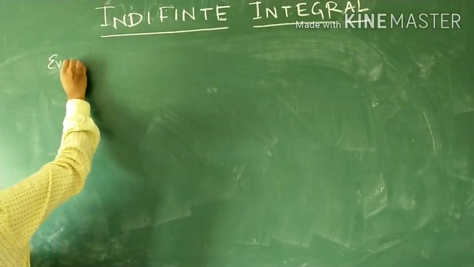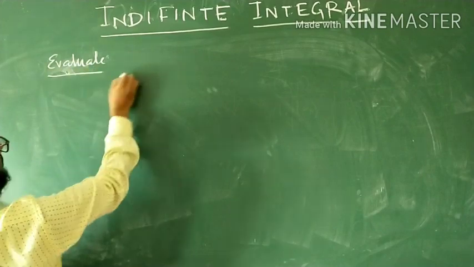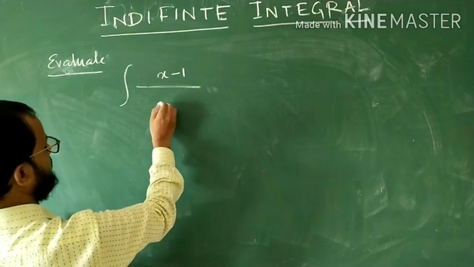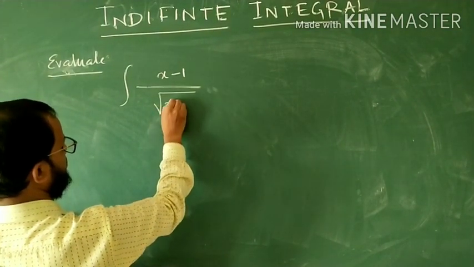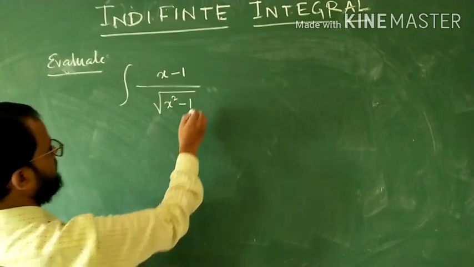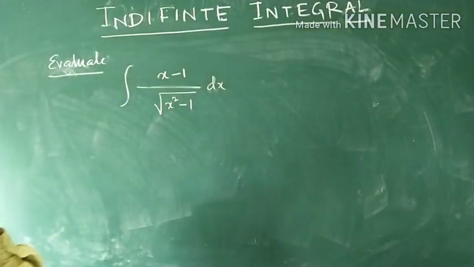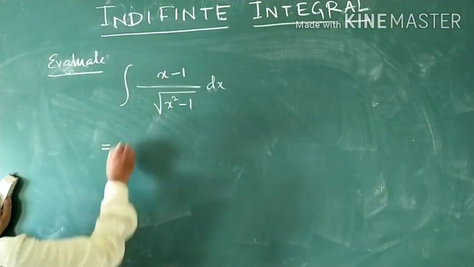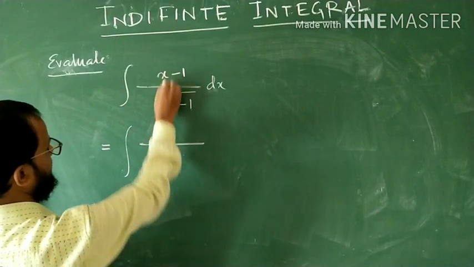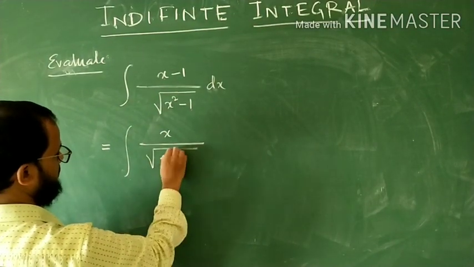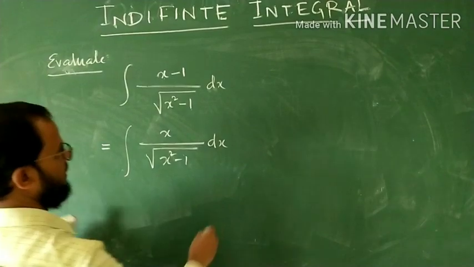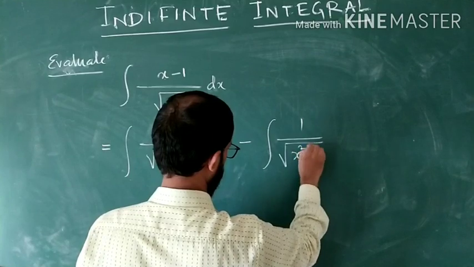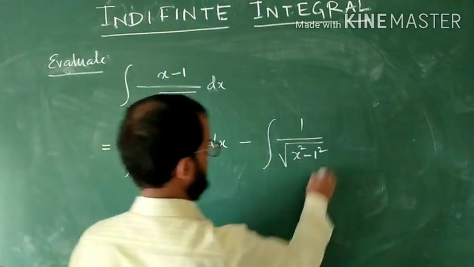Suppose we evaluate this integral. This integral can be separated into one integral, and another integral, 1 by, where 1 can be written as 1 square, dx.